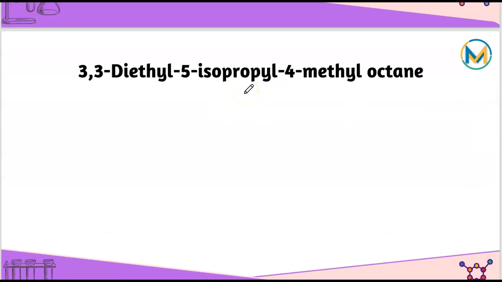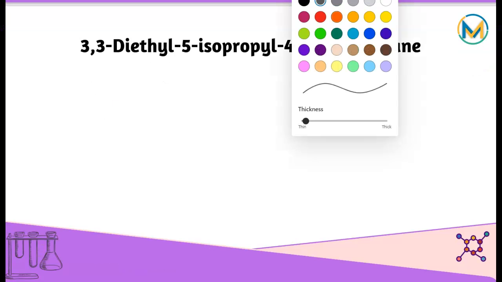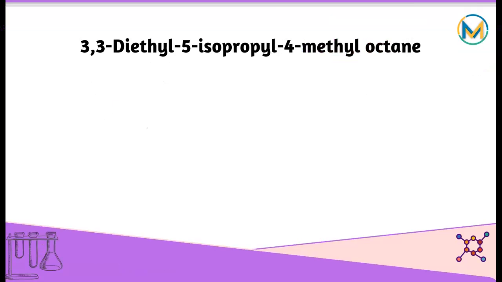Let's check the last one. The last one is 3,3-diethyl-5-isopropyl-4-methyloctane. Parent chain again, so let's do that. Octane is 8, so 1, 2, 3, 4, 5, 6, 7 and 8.